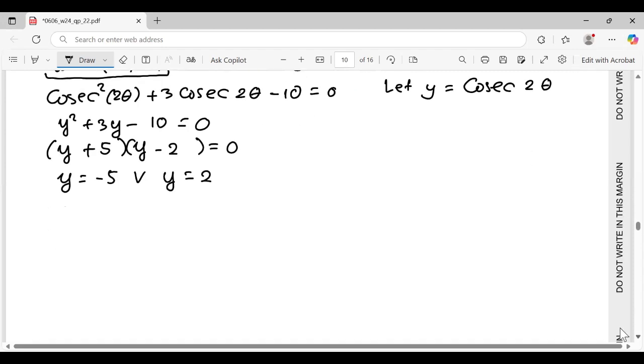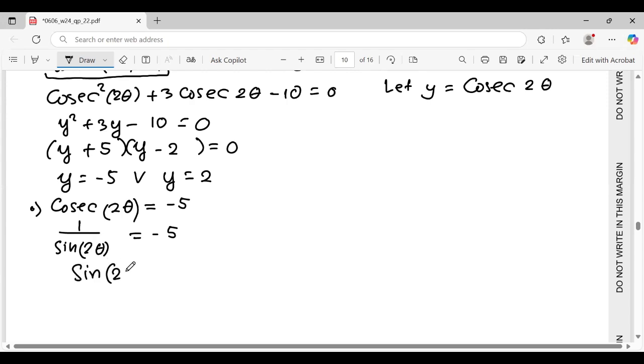Okay, so now if cosecant 2 theta equal minus 5, it means 1 over sine 2 theta equal minus 5, because cosecant 2 theta equal 1 over sine 2 theta. So sine 2 theta equal minus 1/5.